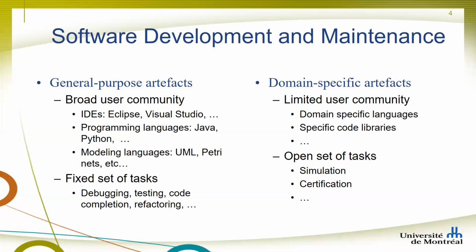Whereas in some domain-specific artifacts, the possibilities of tasks could be much larger, without a fixed set of problems on which people are working. So, for example, simulation certification with different norms and things like this, which are specific to these domains.